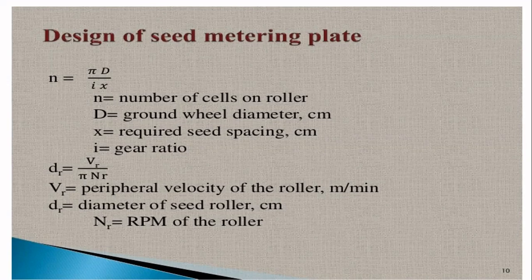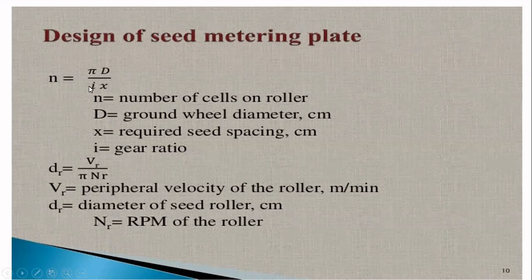Sometimes your ground wheel will have 100 teeth and your seed metering device 10 teeth, so the teeth ratio should be 10, 100 versus 10. So the gear ratio I is also important. Then you put gear ratio 10, X is the seed spacing given to you, and d the diameter is given to you, and you calculate the number of cells.